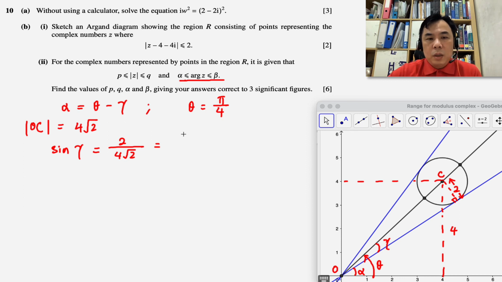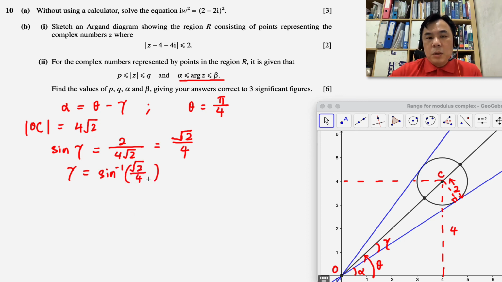If we simplify this and rationalize, we will get root 2 over 4, right? And then finally, we can work out gamma as sine inverse of root 2 over 4.